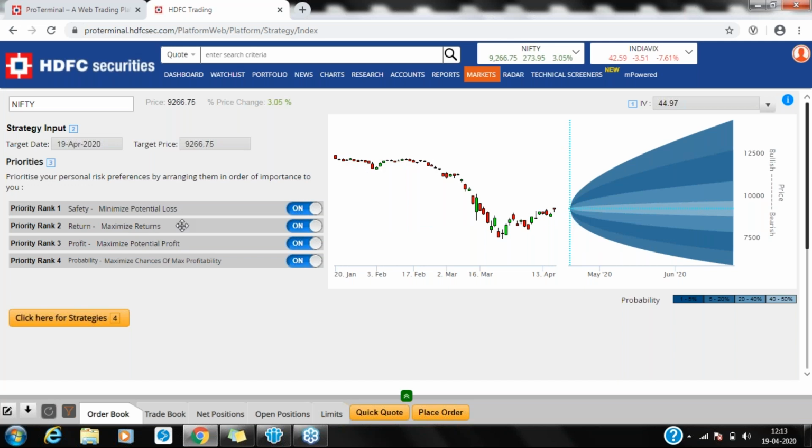If you go with maximum return, the strategy will give you the maximum return in case the target price is reached on the target date. So this is the main difference. Here you get maximum profit, and there you have higher chances of getting a profit. You can rank one of them, or you can switch either one of them on or off.